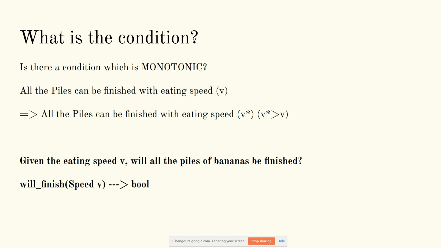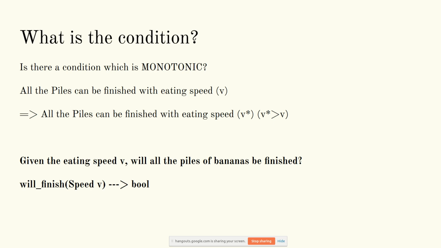So by this statement we can say all the piles can be finished with speeds more than the existing speed, assuming that the given speed helps in eating all the piles of bananas within our stated time.